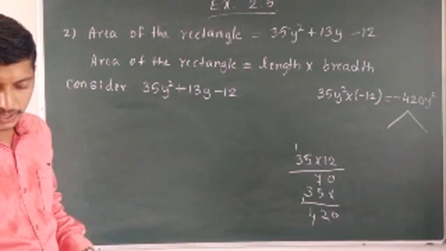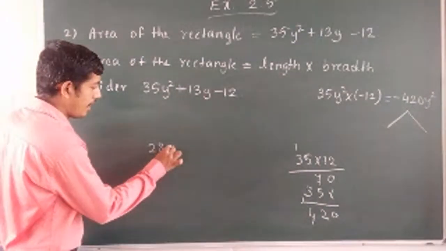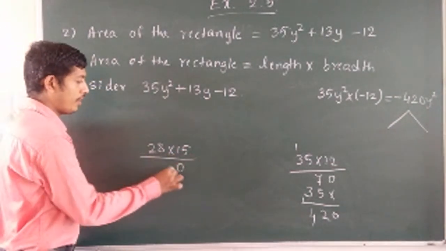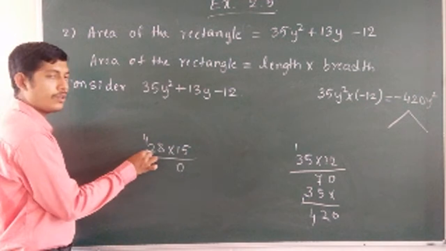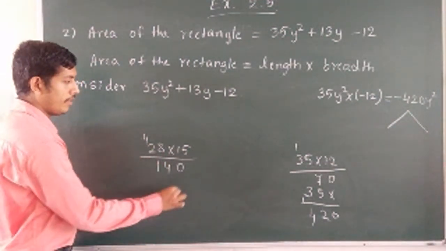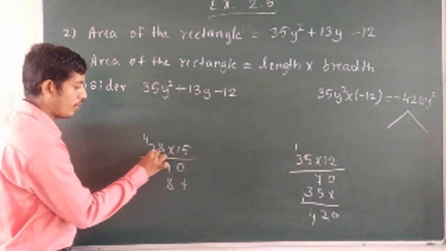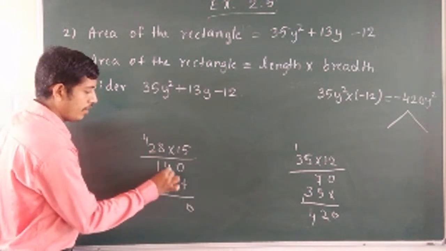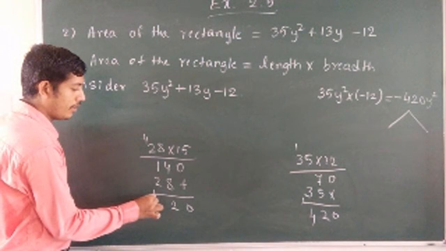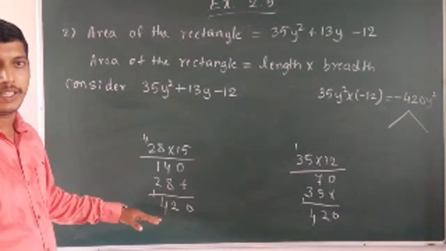If I consider 28 and 15, 8 5s are 40, 5 2s are 10 plus 4, 14 plus 8, 4 plus 8 is 12, so the product is 420.